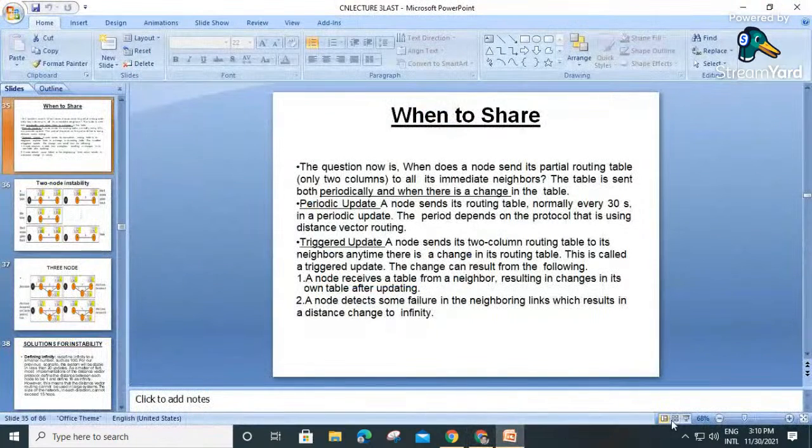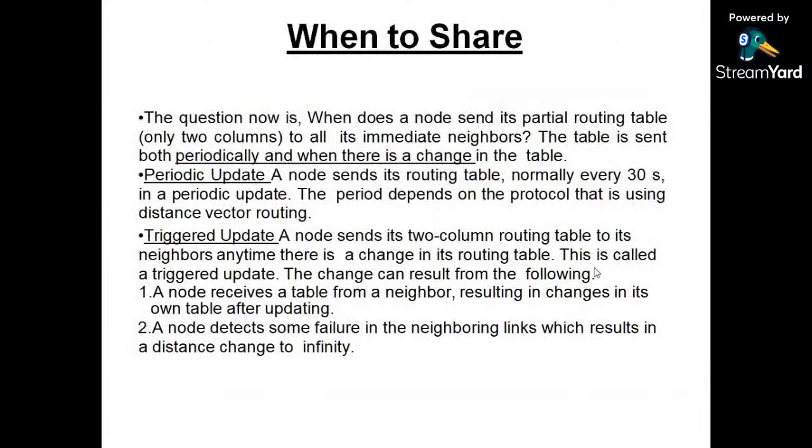When does a node send its partial routing table, only two columns, to all its immediate neighbors? The table is sent both periodically and when there is a change in the table.